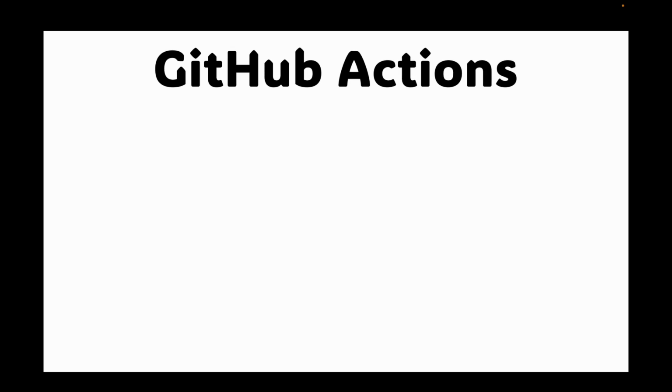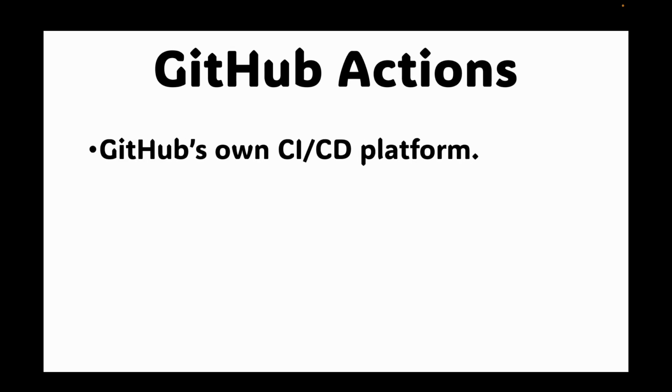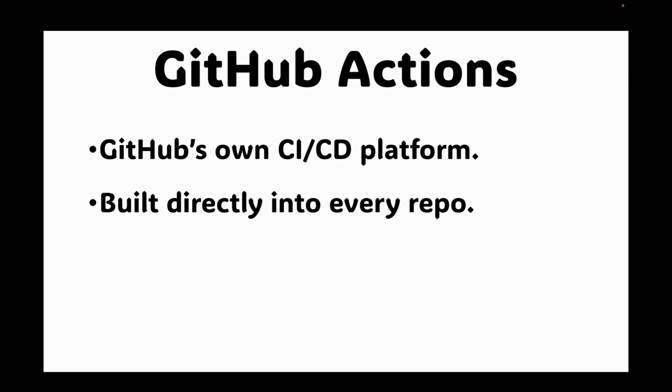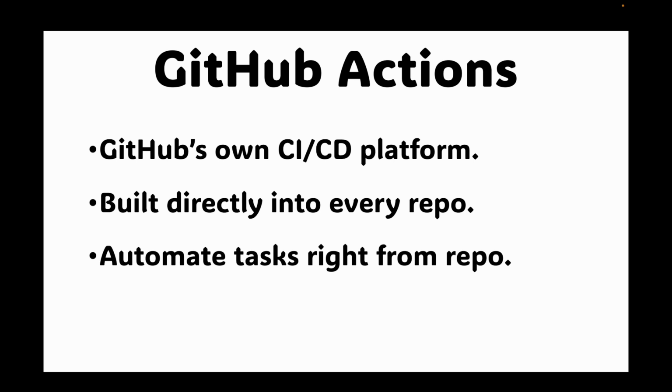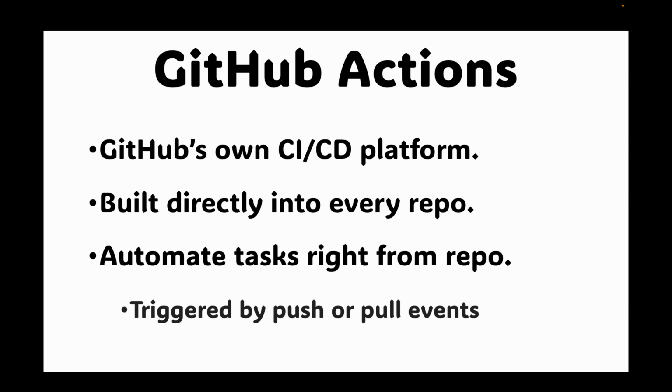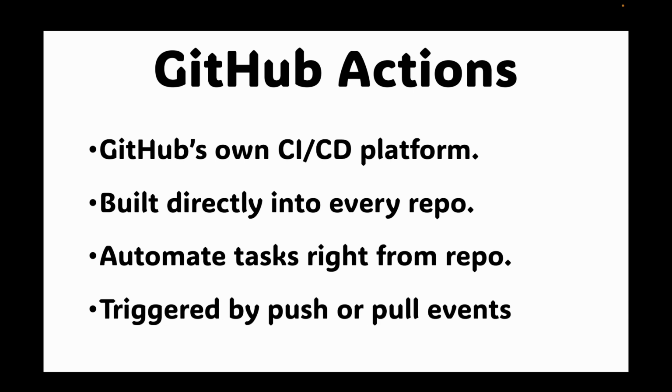So GitHub Action is GitHub's own CI/CD platform, which is directly built into every repository. So whenever we talk about setting up a CI/CD, GitHub has this GitHub Actions option that we can use for every repository. Now, this allows you to automate tasks right from your repository, and this can be triggered either when there is a push or a pull request.